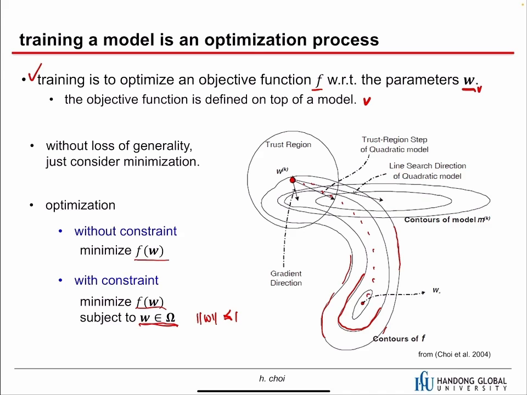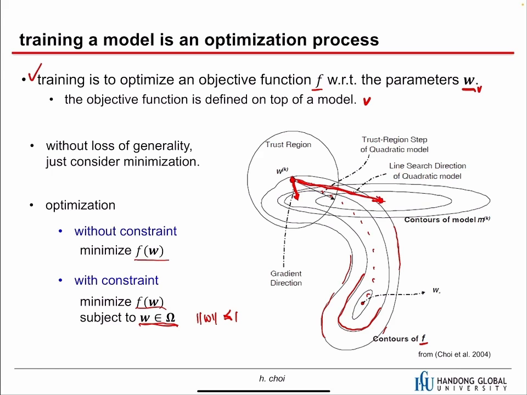This graph summarizes three different methods. The first one is based on the gradient. Gradient is simple. It just takes the gradient of this function and then follows that direction. It's kind of a greedy method. The second one is based on the quadratic model. From this point, we approximate this objective function with a quadratic equation, then optimize the quadratic approximation, follow that direction, and we will be here.